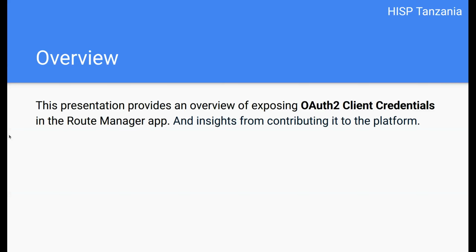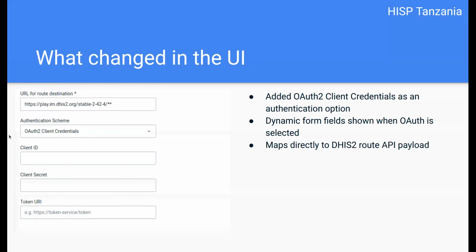One of the features that was requested by DHIS2 was exposing OAuth 2 client credentials in the Route Manager app, whereby what I changed was the UI part, because the backend part was already done and covered.